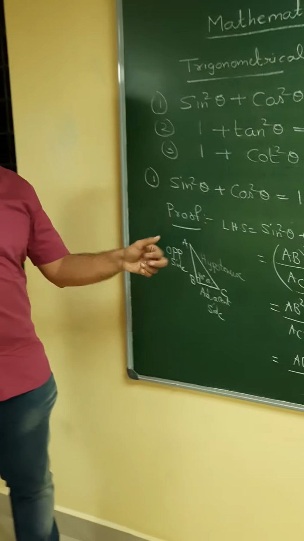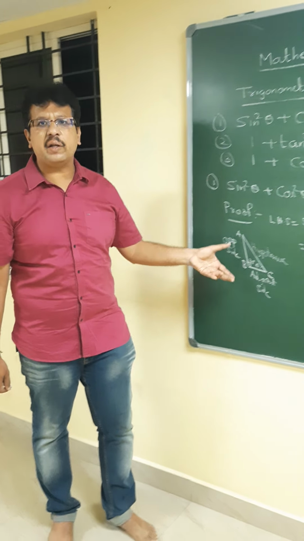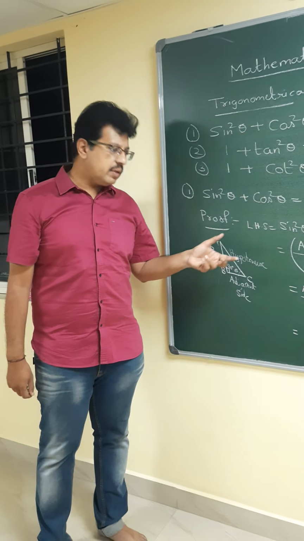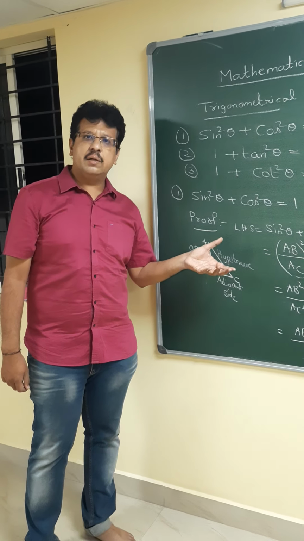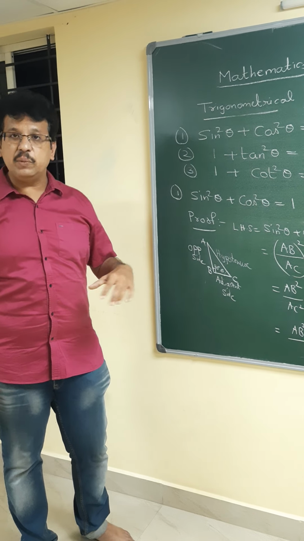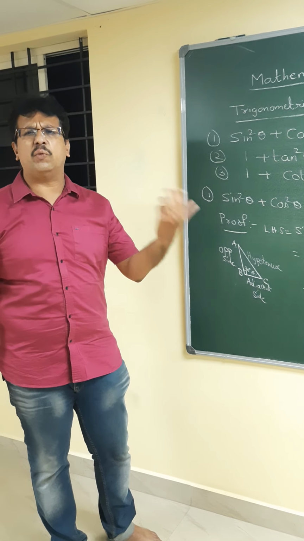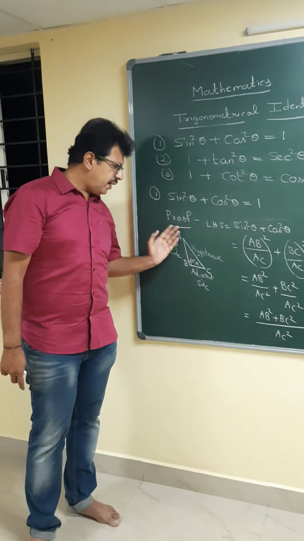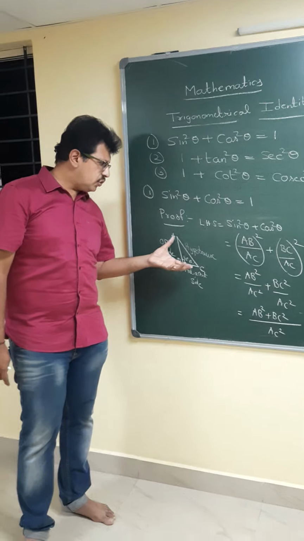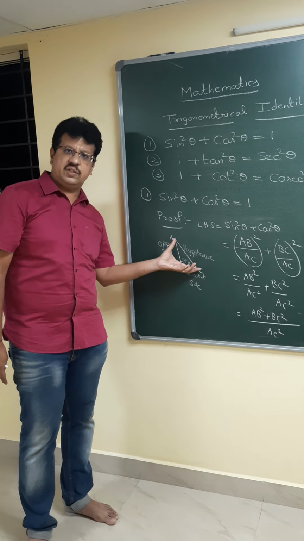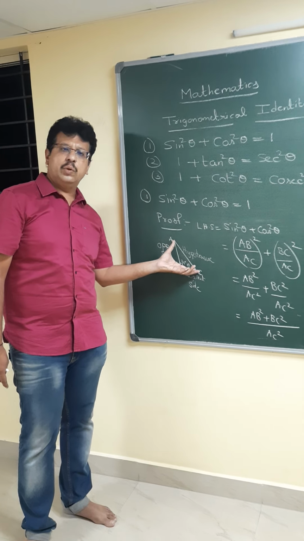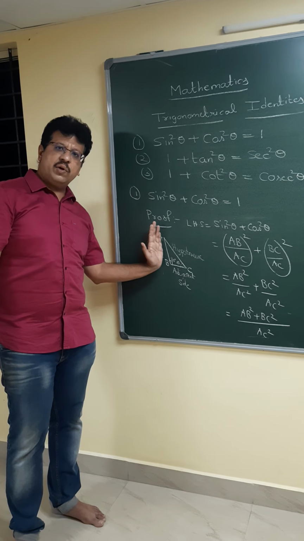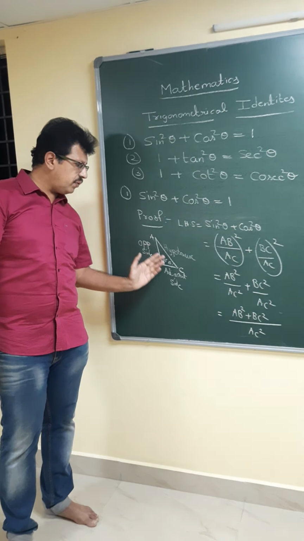But how did you get AC square? For that, you need to recall the Pythagoras theorem. What does the Pythagoras theorem state? In a right angle triangle, the square of the hypotenuse, that is AC square, is equal to the sum of the squares of the other two sides.